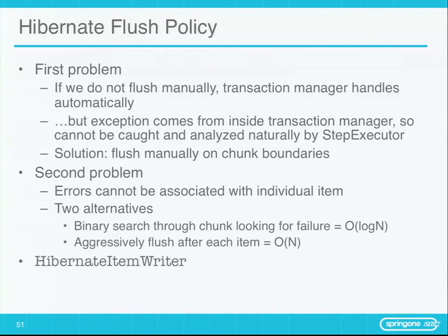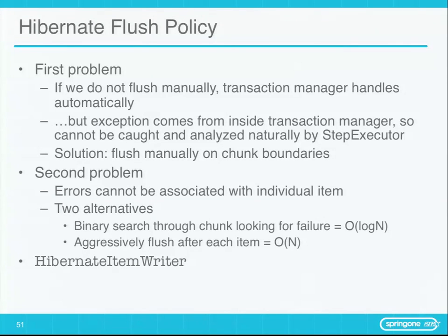The other problem is that we don't have any ability to tie what happens inside of Hibernate to an individual record, right? So this is where it gets very weird when you're using ORM technology with batch processing. ORM is not meant to do batch processing, so this is kind of a workaround. You can see what we can do.